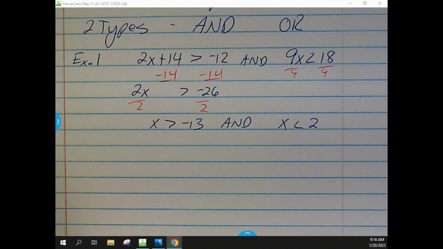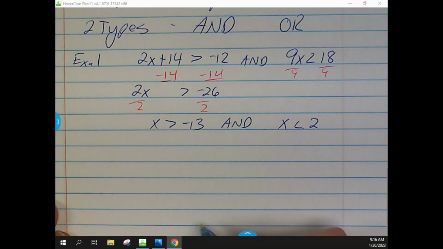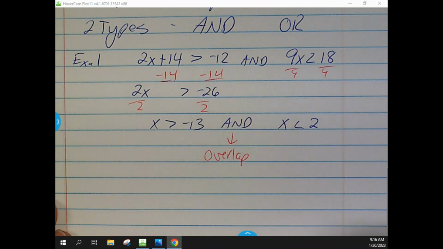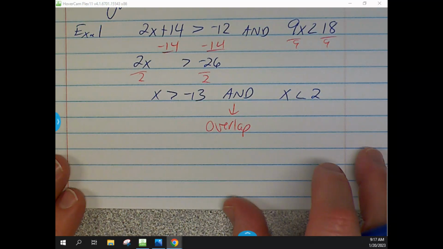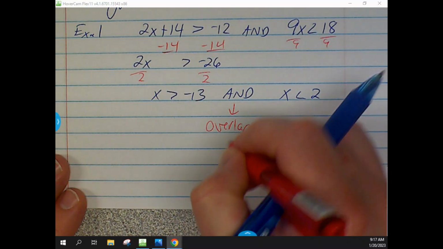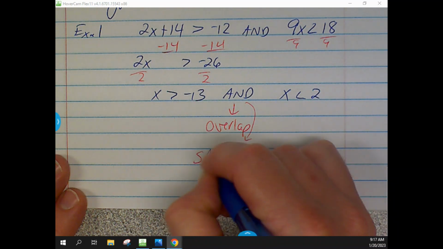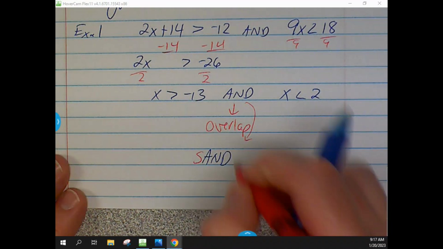Okay, and with the and, I always kind of like doing it this way. I think in the textbook they technically say this is the overlap of the two graphs. I kind of like to make it easy. If it's an and statement, you're going to sandwich it between the two numbers.